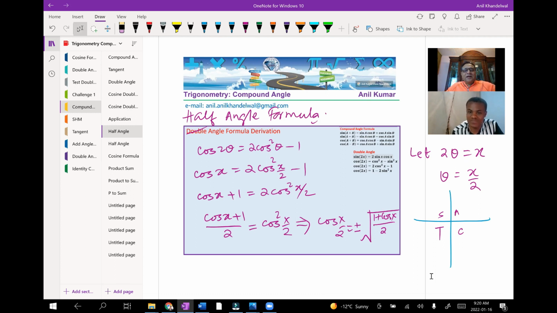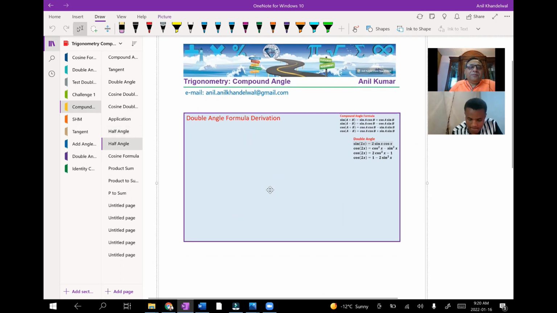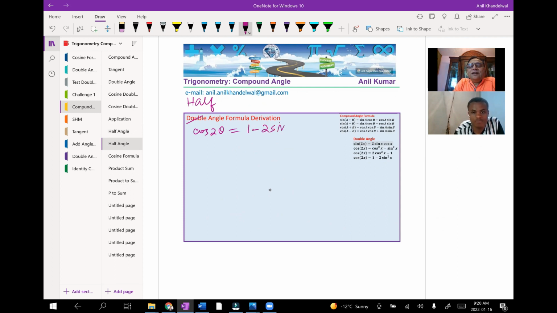Okay. So this time I will do another half angle formula, but this time for sine, right? So let's go to another page, and this time we'll do the half angle formula for sine. If I have to get the half angle formula for sine, from where should I start? From 2 times sine, correct. Cos 2 theta is equal to 1 minus 2 sine square theta, right?